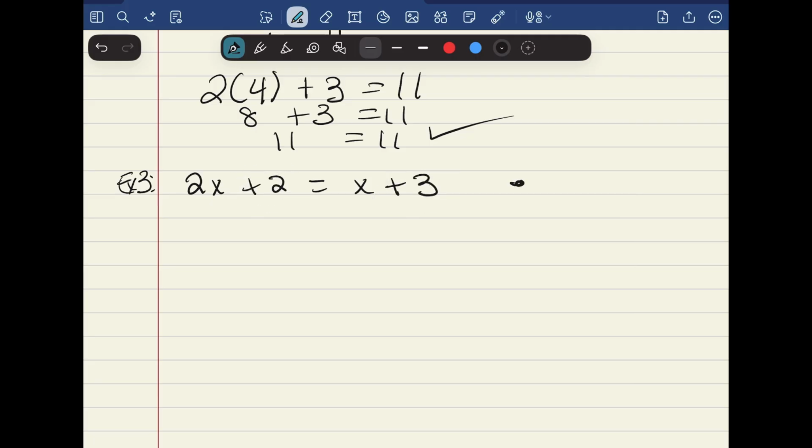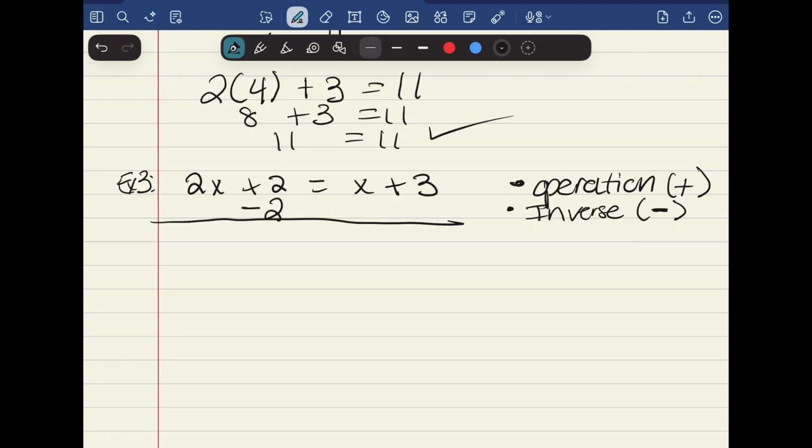So first, identify my operation. I'm going to identify my operation on this side. So I have plus. Okay, identify my inverse. Again, we're working with this side first. Subtract. Cool, let's go ahead and take care of that. Minus 2. These cross out because they just cancel out. They equal 0.